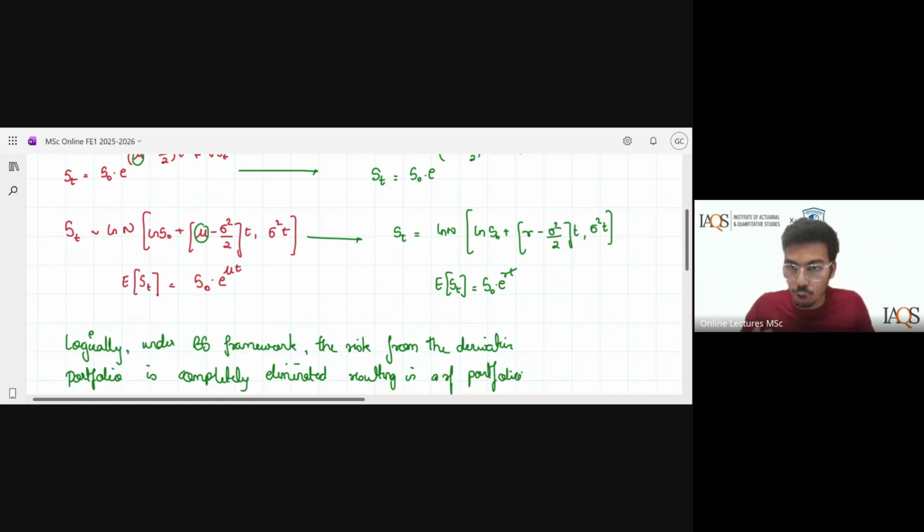This is the qualitative logic. We'll now do it quantitatively as to why this mu has changed to r. Qualitatively and intuitively, I know it makes sense because the risk has been eliminated and the underlying asset has to grow at the risk-free rate. Now, let's see quantitatively how this is going to happen.